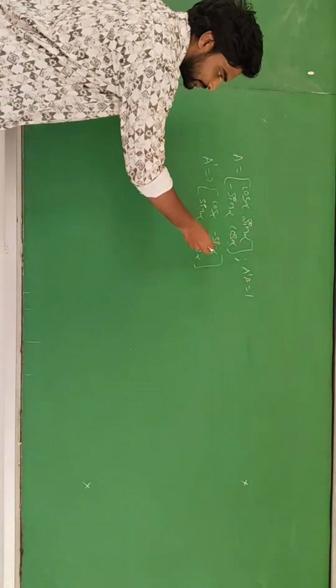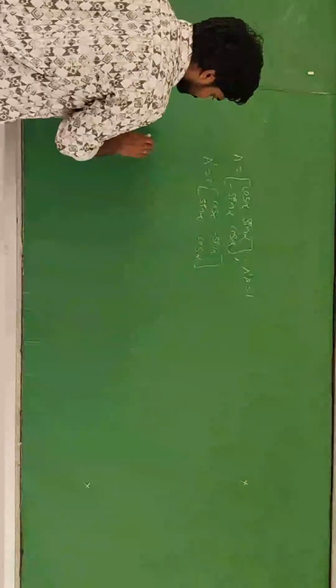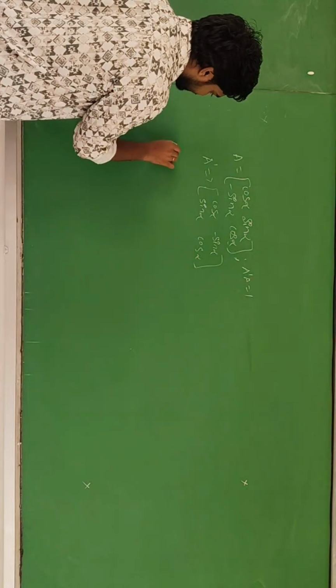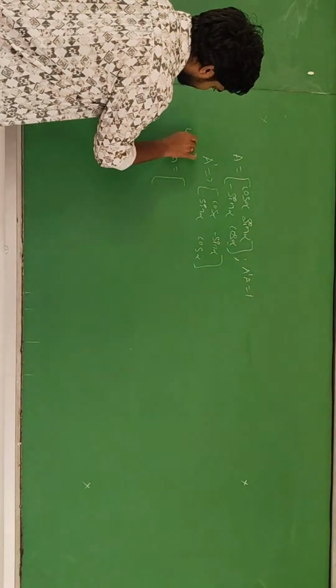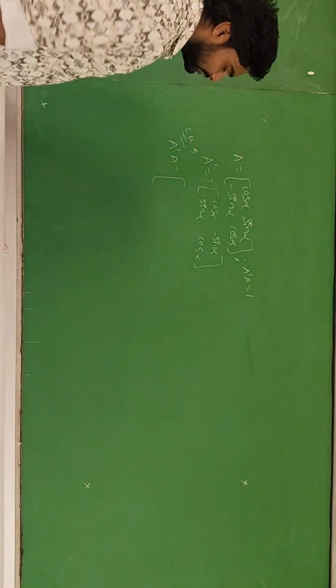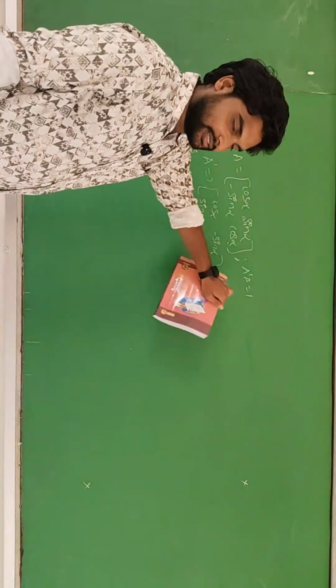Now it's time to multiply both, A dash into A is equal to 1 clearly. First of all we take the LHS and prove it equals the RHS.